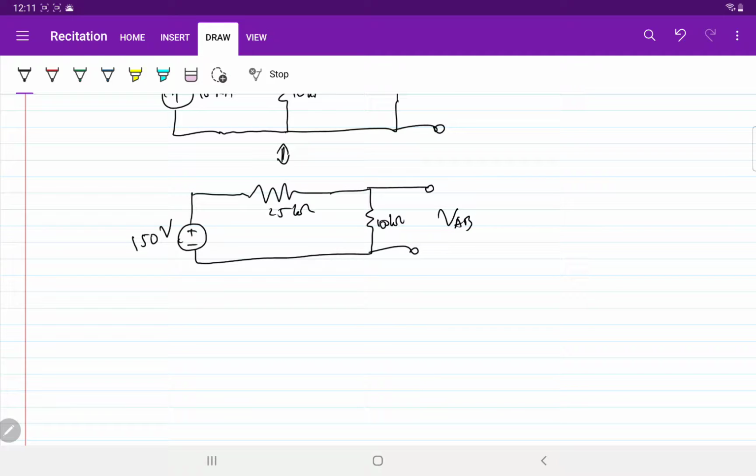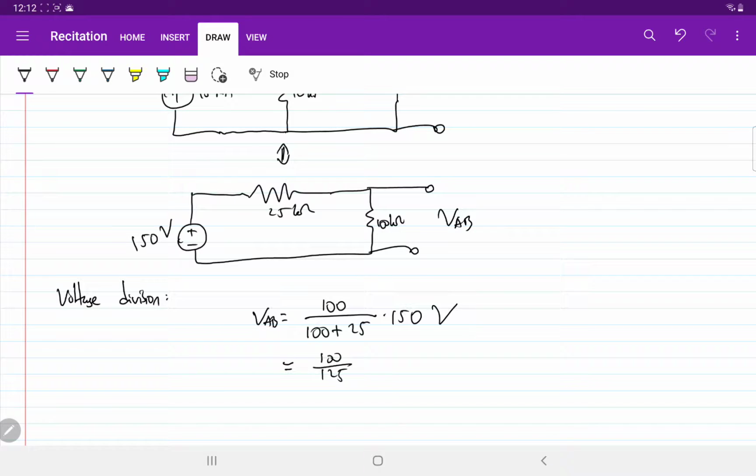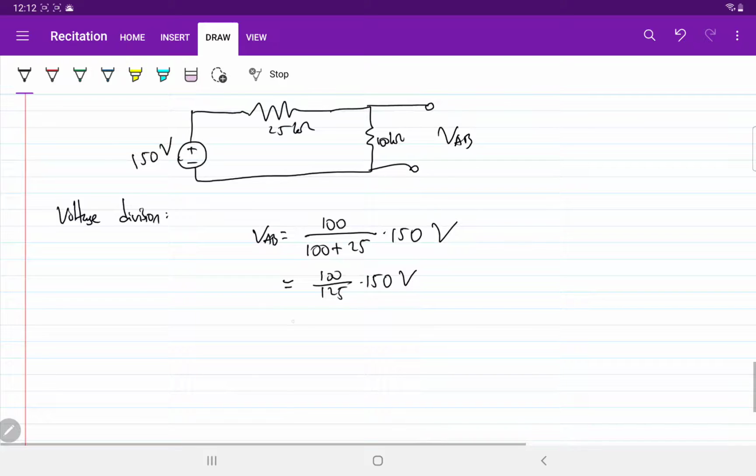So we can use voltage division, right? So VAB is nothing but 100 divided by 100 plus 25, the total resistance, multiplied by 150 volt, right? 100 over 125 multiplied by 150, this is 4 over 5 times 150 volt.